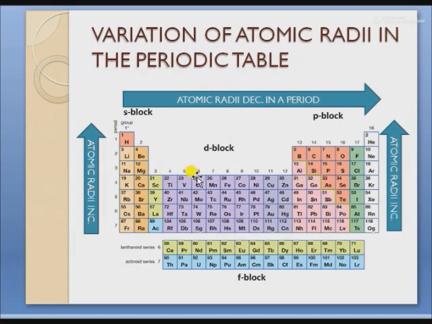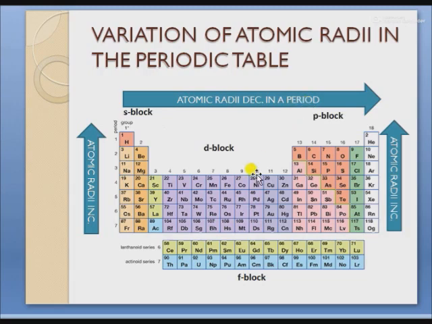Next is variation of atomic radii in periodic table. When we move from left to right in a period, atomic radii decreases. Why does it decrease when we move from left to right in a period?